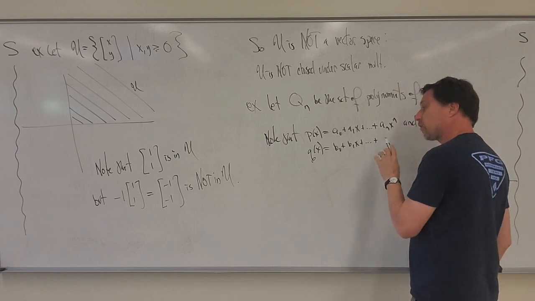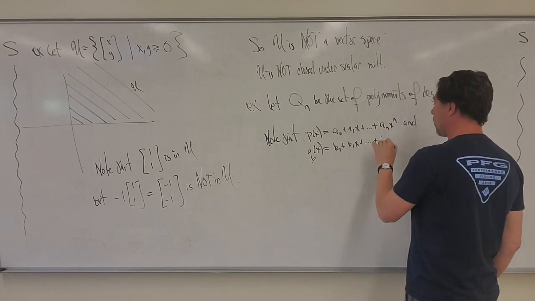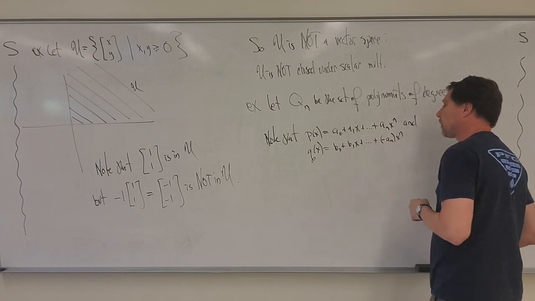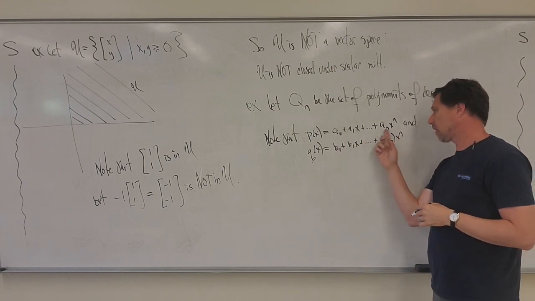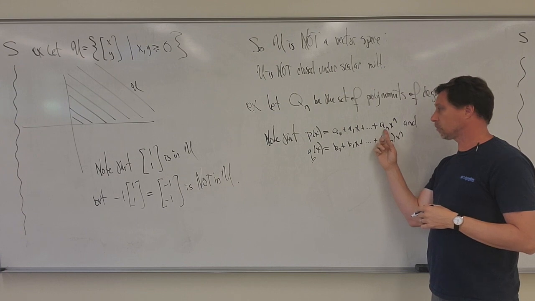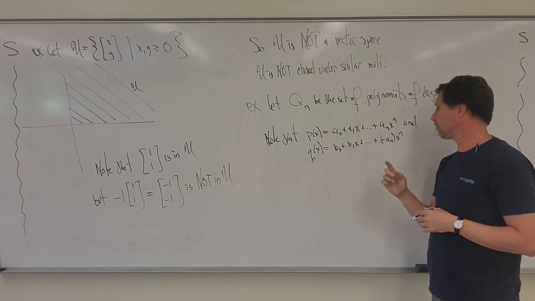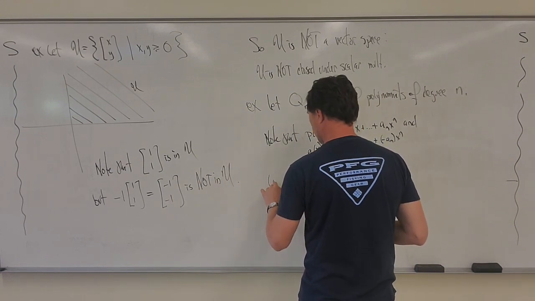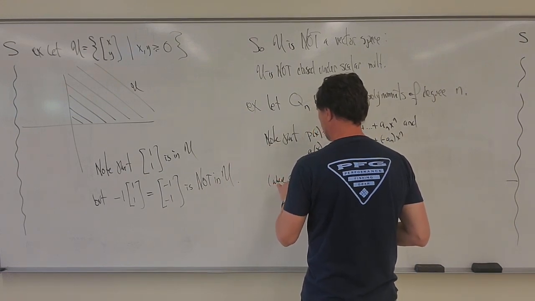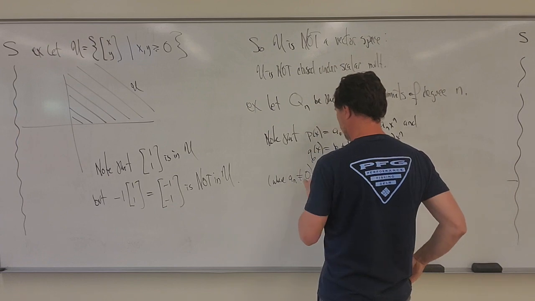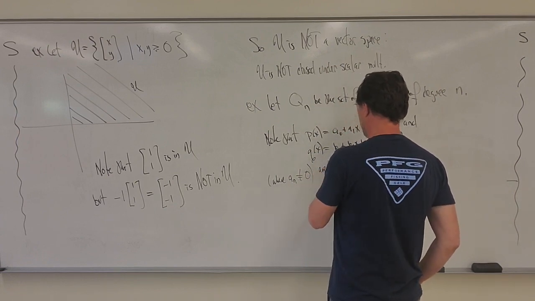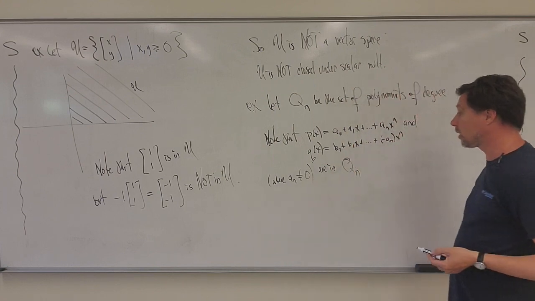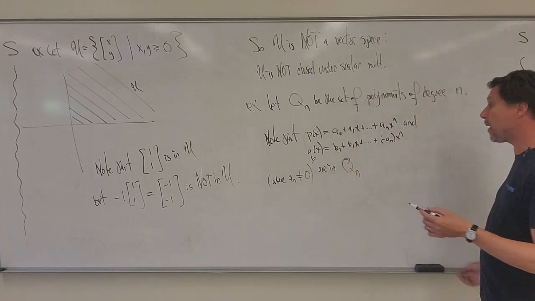Now, for this last coefficient, I want minus a sub n x to the n. So for this polynomial, I don't care what the a's are as long as they're non-zero. Well, at least an has to be non-zero. So let's say, where a sub n is not equal to 0, are in Q sub n.